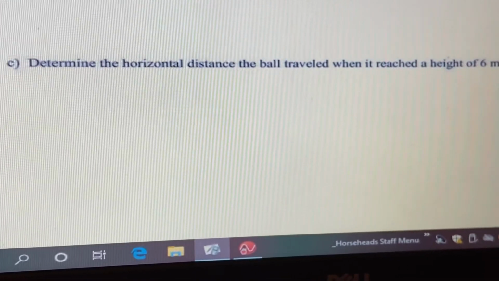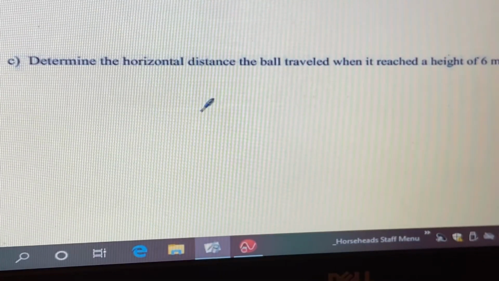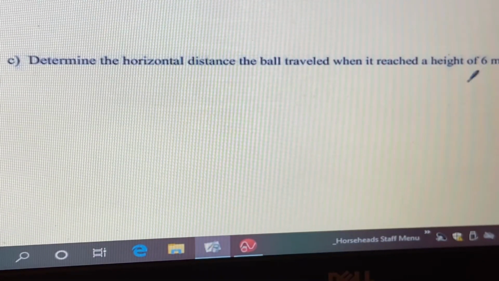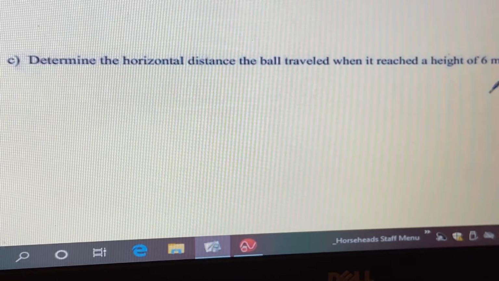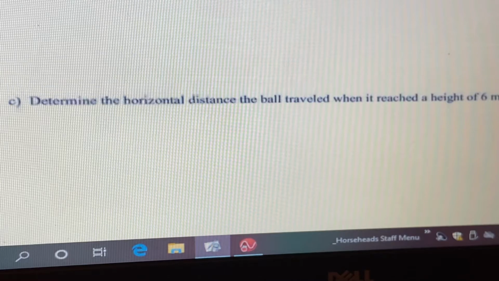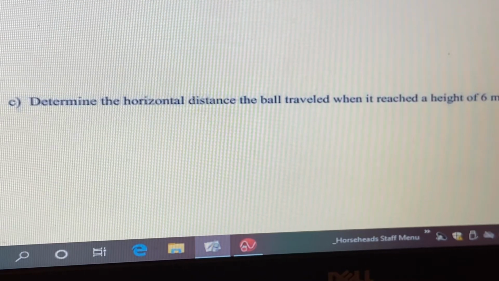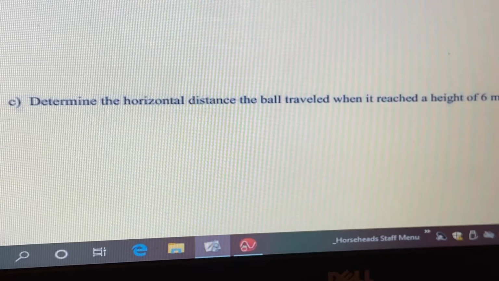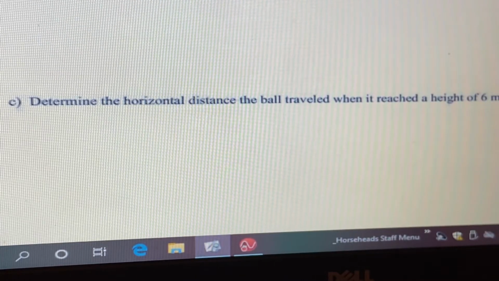Well, no, sorry. Horizontal distance is this, but determine the horizontal distance the ball traveled when it reached a height of 6 meters. So, if you look at your picture, 6 meters doesn't even fit. My picture's not accurate because 6 meters is very tall. She's kicking this thing really high in the sky.